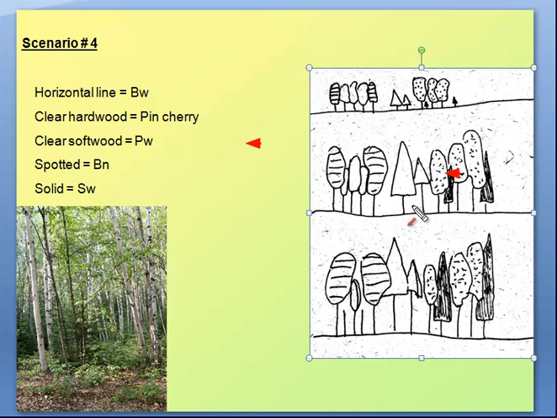So over time, what can happen in this situation is that the white birch comes up quickly, takes over the pin cherry, squeezes out the pin cherry, and the white pine come in along the way.